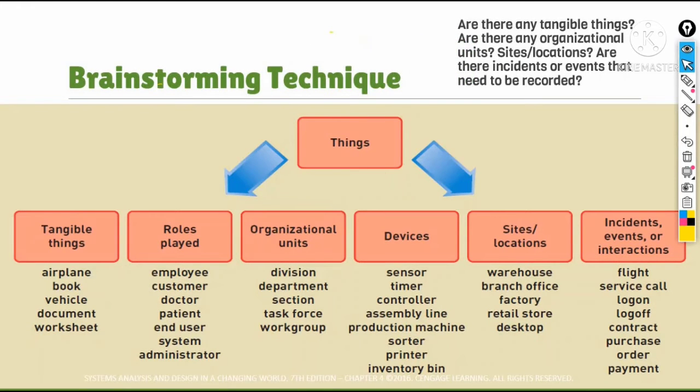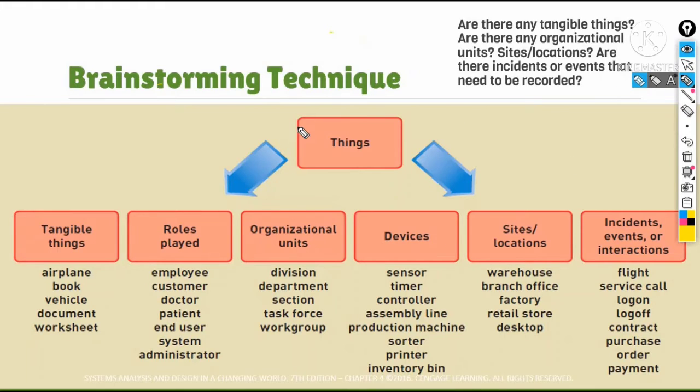So the brainstorming technique is a technique that is a joint effort between the analyst and the users. In this figure, you will see the many different types of things that should be considered.